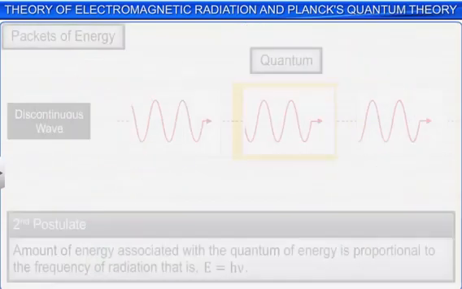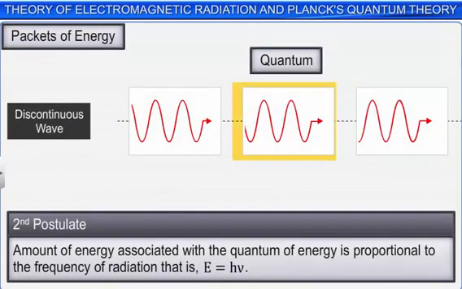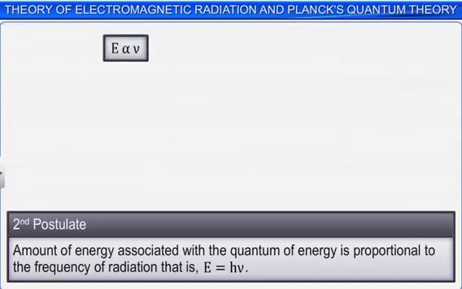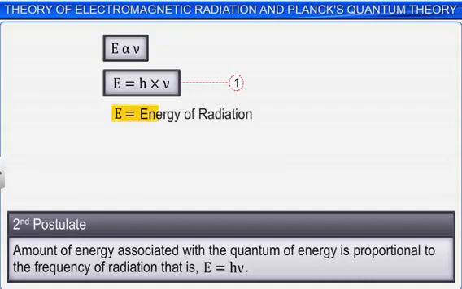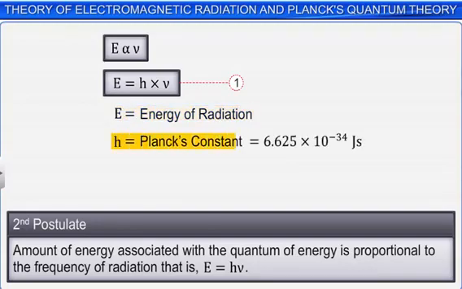According to the second postulate, the amount of energy associated with the quantum of energy is proportional to the frequency of radiation. E is proportional to ν, or E equals hν, where E is the energy of the radiation, h is Planck's constant, 6.625 × 10^-34 joule-second, and ν is the frequency of radiation.